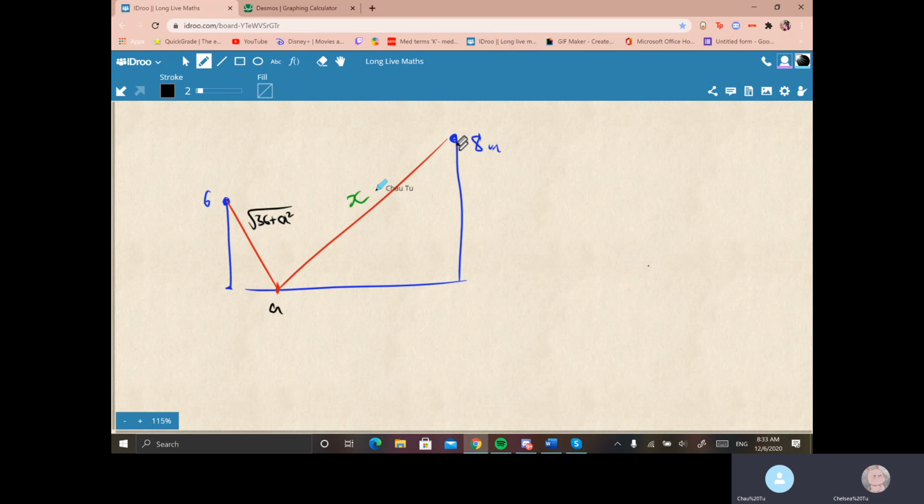We'll somehow work out x. And don't forget, this distance here is 10 meters. So how do you work out that diagonal length, Chelsea? This length here.